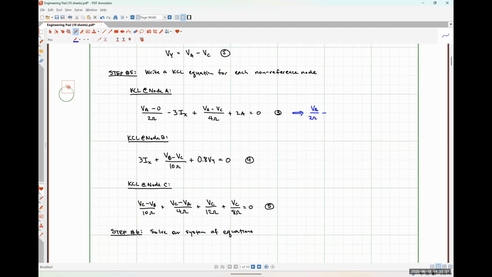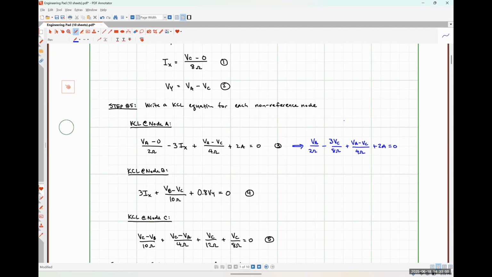So that's going to be minus 3 Vc over 8 ohms plus VA minus Vc over 4 ohms plus 2 amps is equal to 0. Let me just double check and make sure I've done my substitutions correctly. So the only thing I had to substitute in was Ix. So I have minus 3 times Vc over 8.